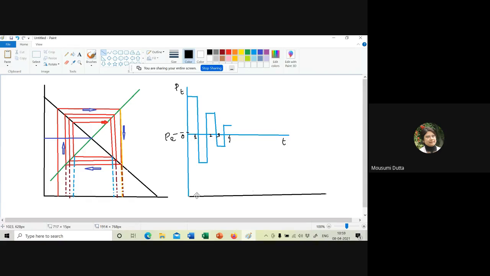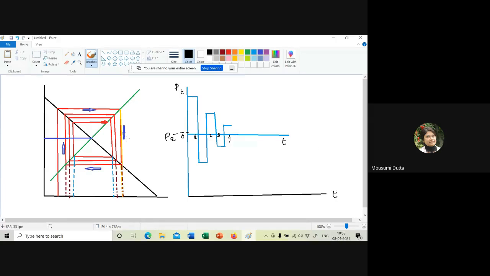So if I draw the x-axis, it is like this. Along the x-axis, basically we are measuring time. Time we are measuring.